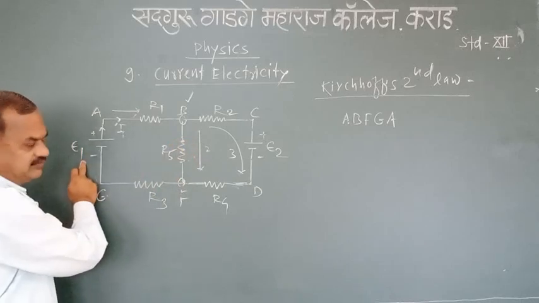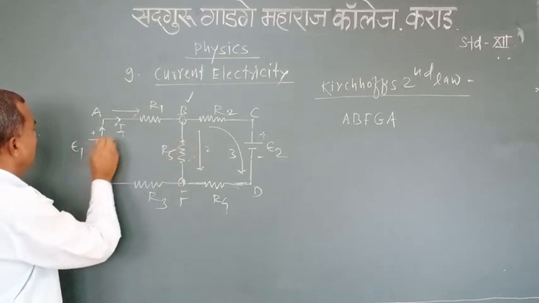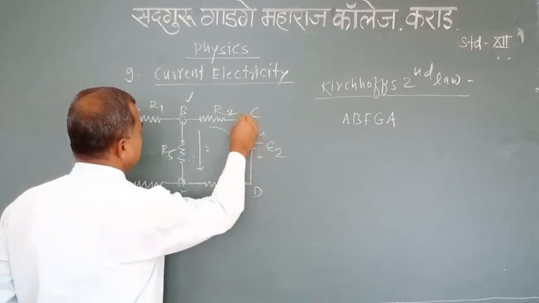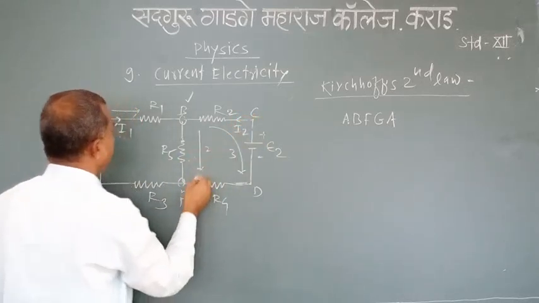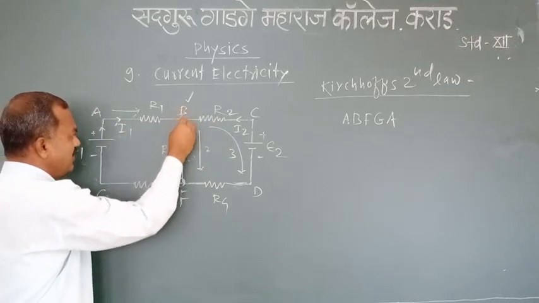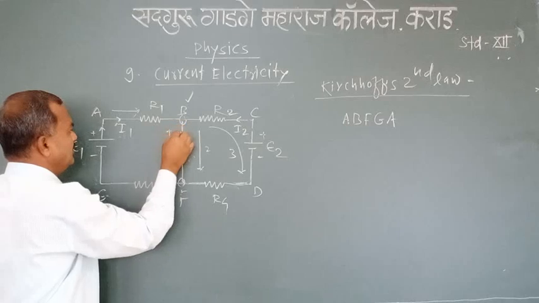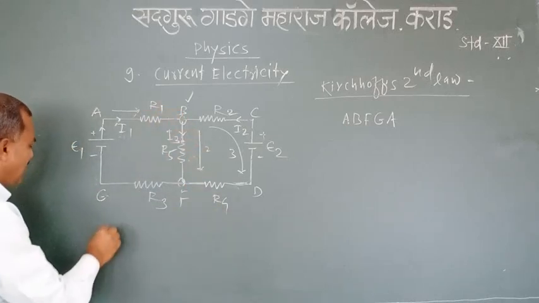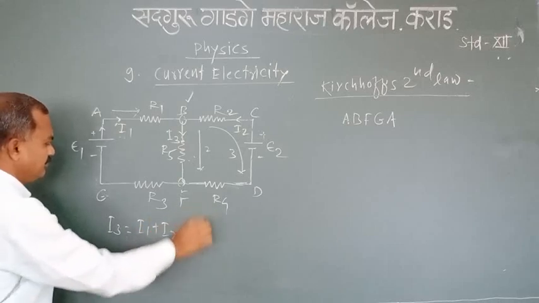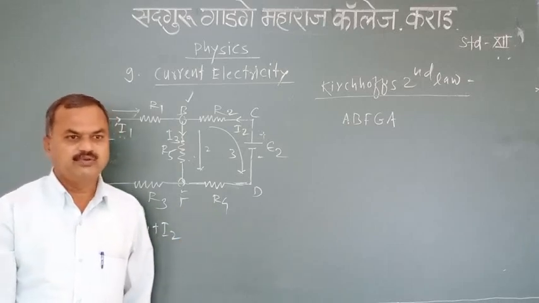This is the first cell, which supplies current I1. This is the second cell, which supplies current I2. When these two currents meet at this junction point, addition of current takes place. That current becomes I3, and I3 equals I1 plus I2.